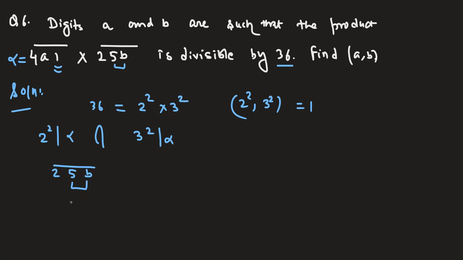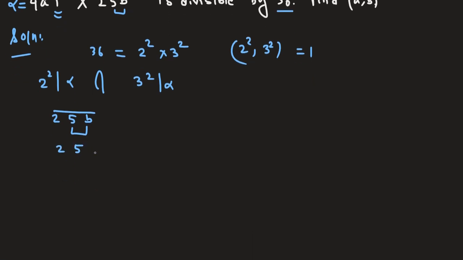Now the possibilities: if I put B as any even number, like 0, it does not work. If I put 252, this is working, divisible by 4. 254 is not divisible by 4. 256, if I take it, what will happen? Yes, it is divisible by 4. 4 ones are 4, yes.